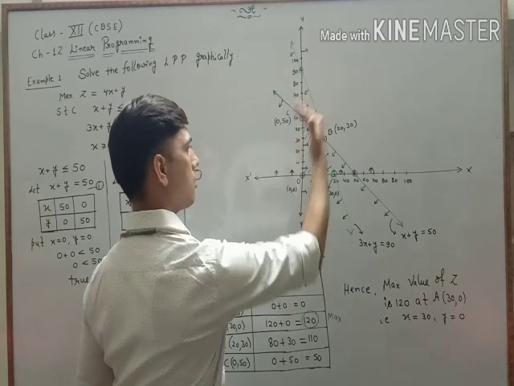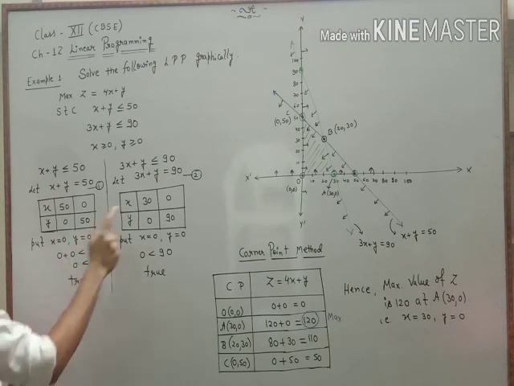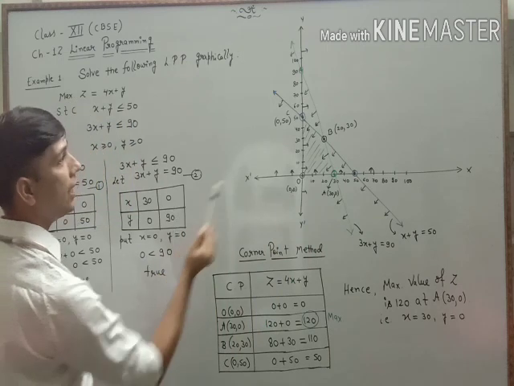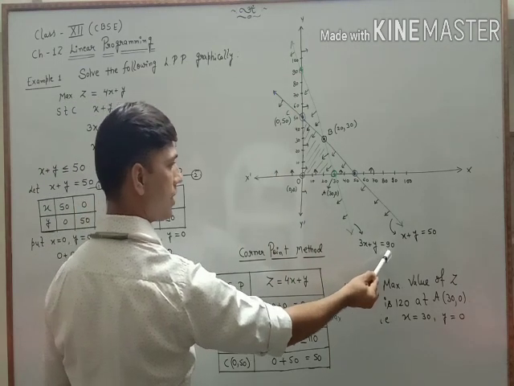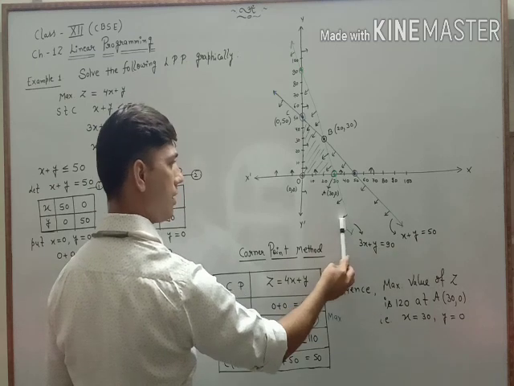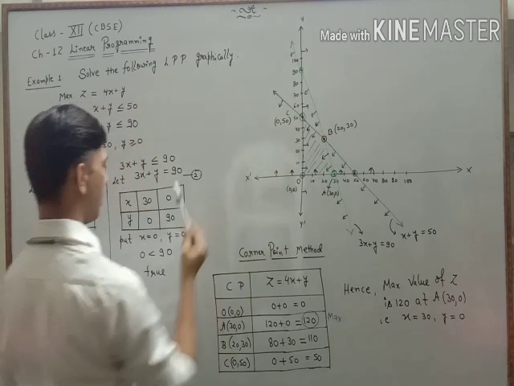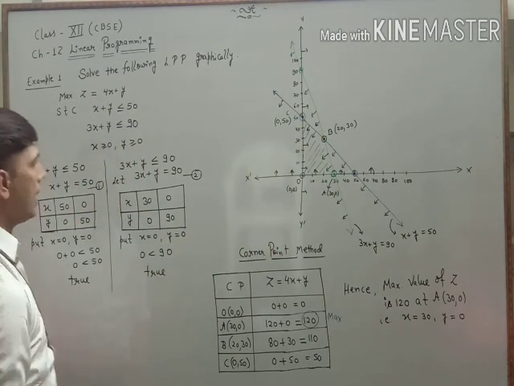See the arrows towards the origin. Why? Because the statement is true. Second, 30, 0 and 0, 90. See this second line, 3x plus y equal to 90. Again, see the arrows. Why? Because it's also true. It means towards the origin.